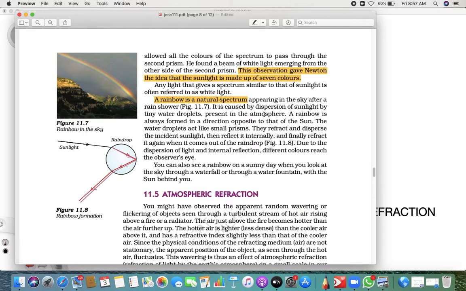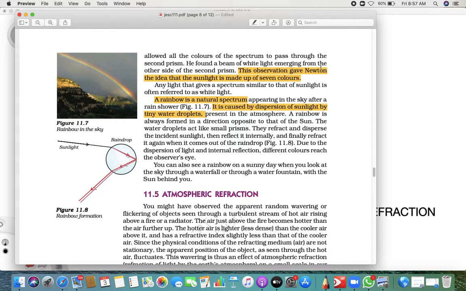Definitely not during the rain. Always understand, not during the rain, but after the rain. The rainbow is always formed after the rainfall, when tiny water drops are coming from the clouds. So it is caused by the dispersion of sunlight by tiny water droplets.